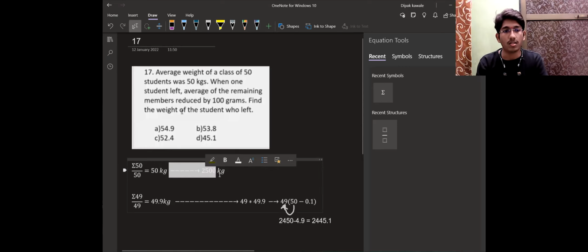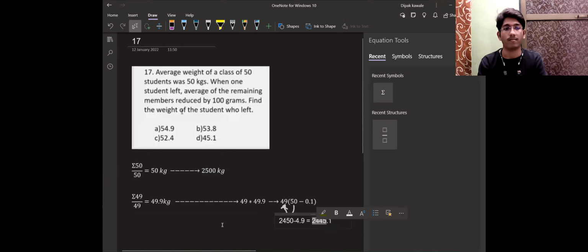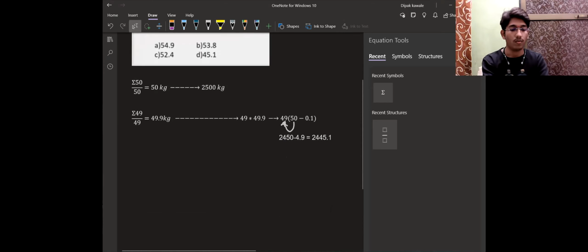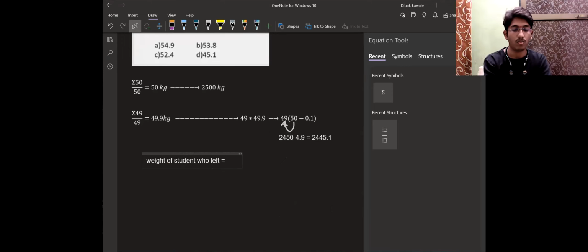Okay, so they are saying that find the weight of the student who left. When the student was in this group, it was 2500 kg. When he left, 2445.1. So simple, weight of the student who left is 2500 minus 2445.1.